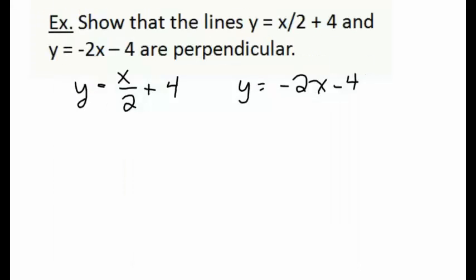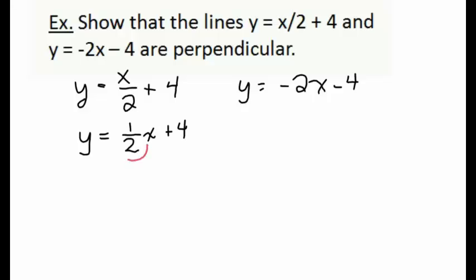Just to give you one more example of perpendicular lines, let's go ahead and show that these two lines are perpendicular. Now, we may have to do a little bit of rearranging in the first one to figure out what the value is in front of our x, because we have x over 2. Well, this is the same thing as 1/2 times x.